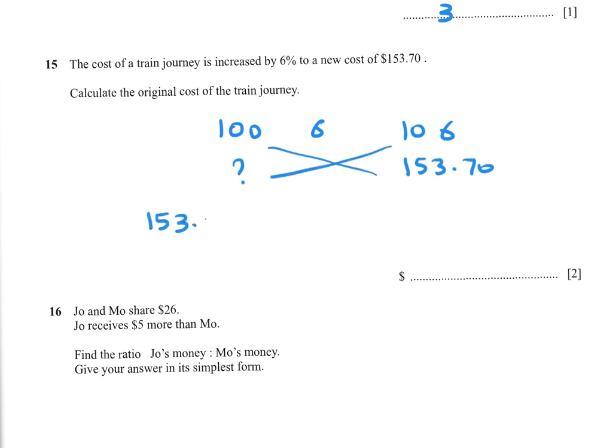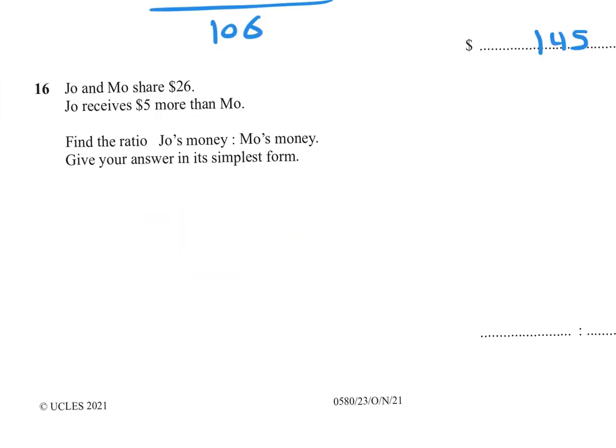So 153.70 times 100 divided by 106 equals 145.